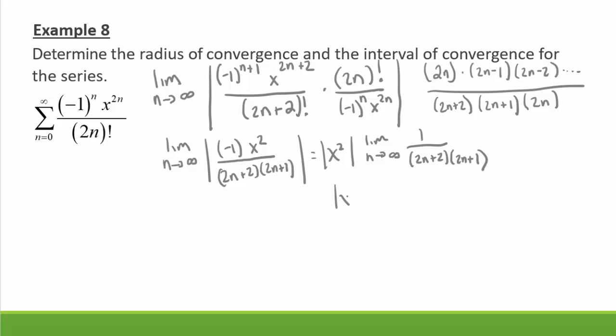This is going to go to 0, so I have x squared times 0. Well, that's always going to be less than 1, so this converges for all x. Okay, and those are my two special cases. Hopefully that teaches you a little bit about interval and radius of convergence.